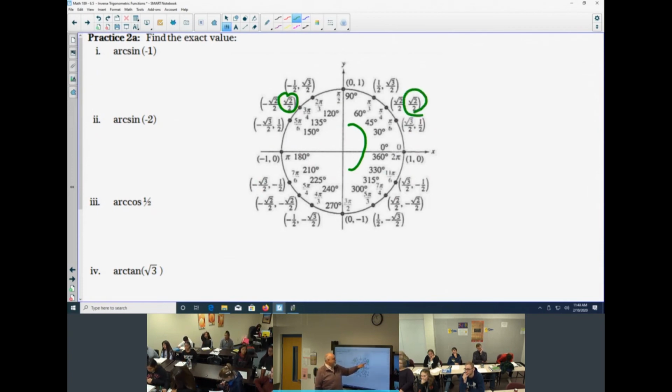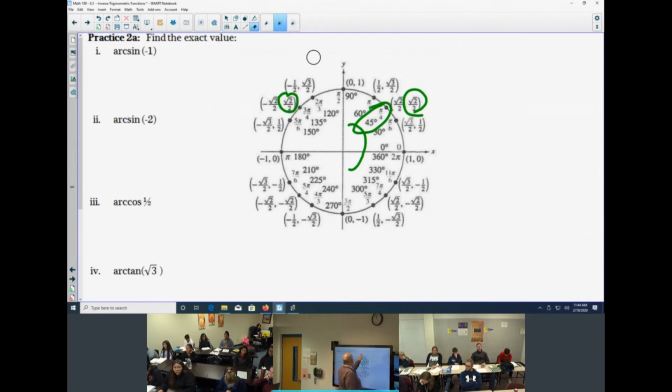Well, that matches right here in quadrant 1. So the answer is pi fourths, or 45 degrees. Okay? So when I ask a question with the arc function, you've got to make sure you're in the right quadrant. Okay? So that's what this whole thing is trying to teach you. All right? Let's try the next one.